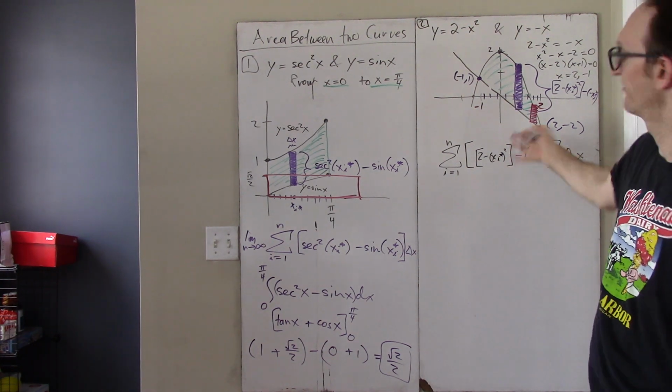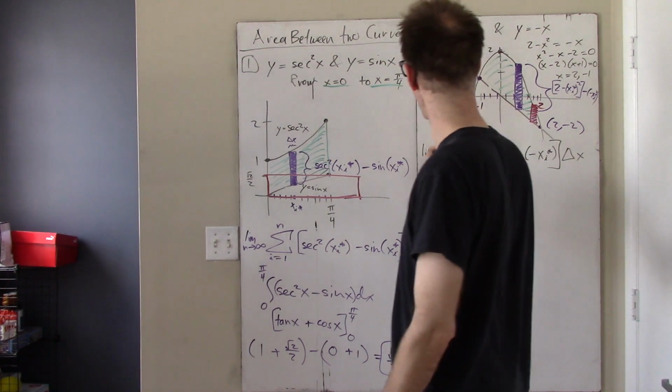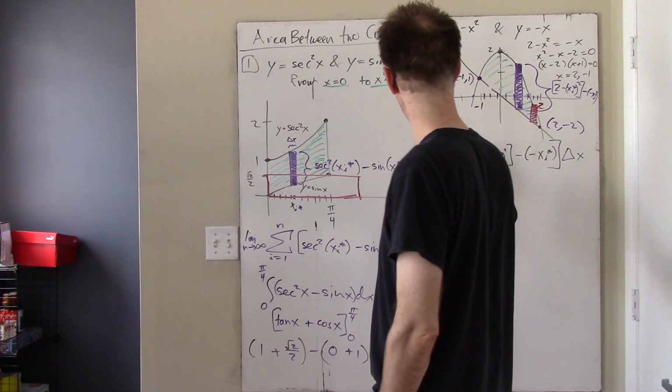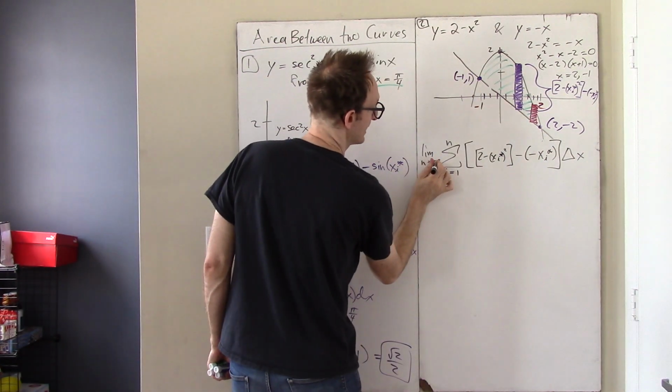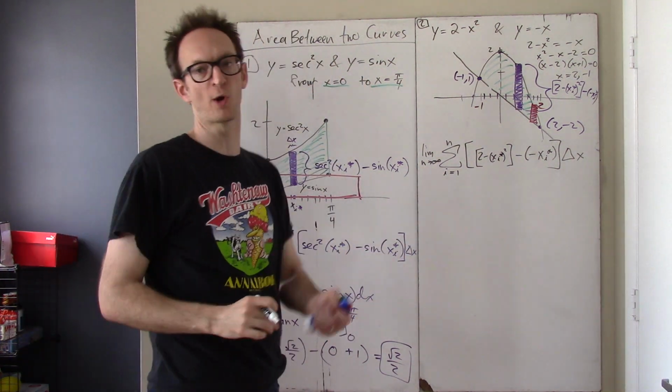In other words, yeah, I think you get it. And if I take the limit as n approaches infinity, then that will give me the exact area of this green region.